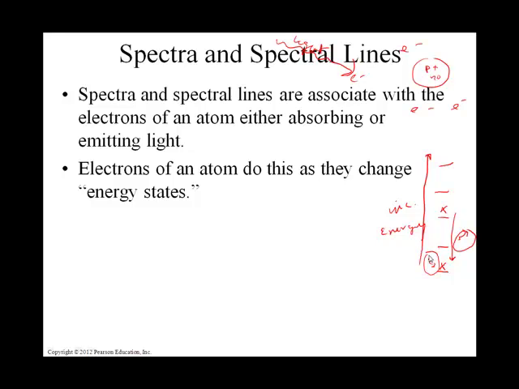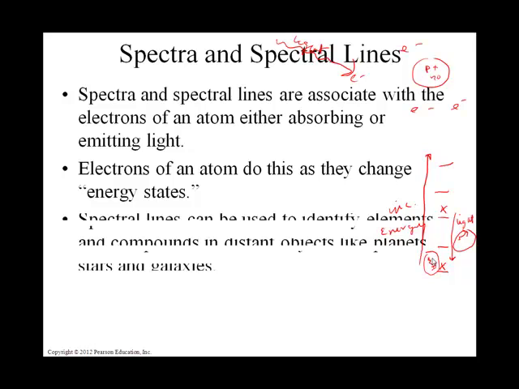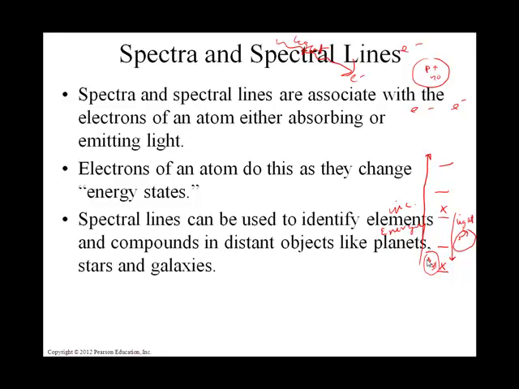Basically, when you turn on a light bulb, you send a surge of electricity that will excite the electrons that are in a cloud outside the nucleus to a higher energy state, and then as they fall back down, we see the light. Okay, the light is emitted as those electrons fall back down. Isn't that cool?